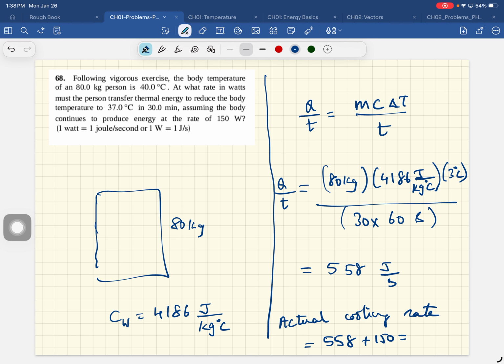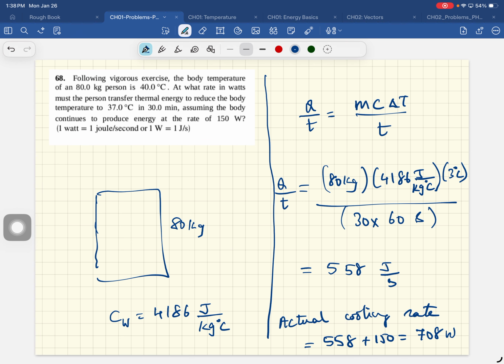So mass of steel times the specific heat of steel times the temperature change of steel. The temperature change of steel is negative because its temperature will fall, plus mass of water, specific heat of water, temperature change of water. The temperature change of water is positive because its temperature will rise, and this should be 0.